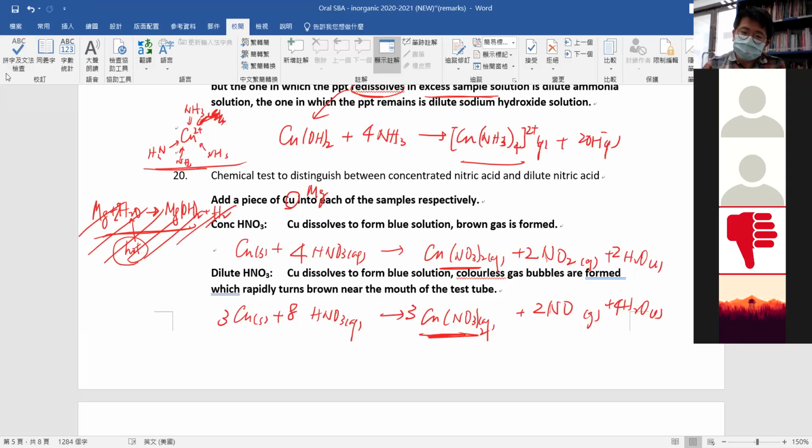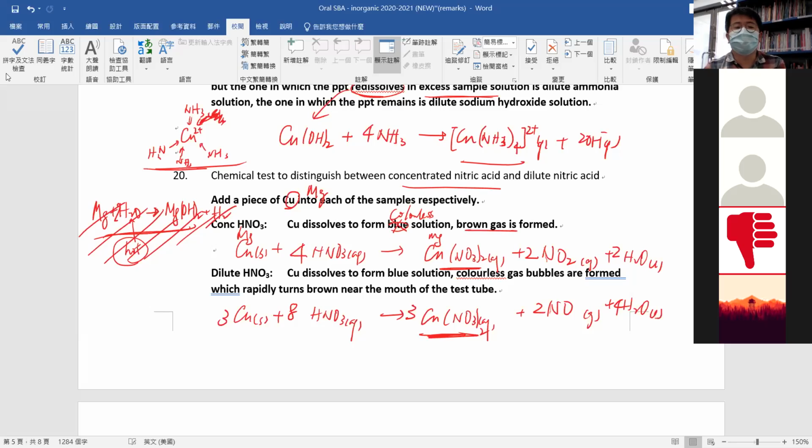And second, one point you may find confusing is the concentrated nitric acid. If I put Mg here, the ratio is more or less the same, but there is no blue solution, it is a colorless solution.